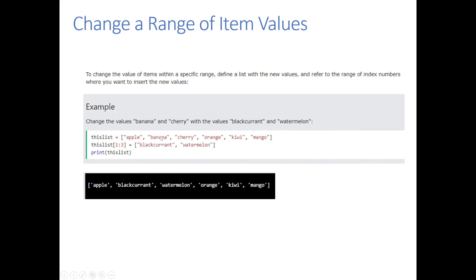Banana and cherry are on positions 0, 1, 2, but 3 is not included when you specify a range. So we have this list[1:3] equal to blackcurrant and watermelon. What this will do is replace banana with blackcurrant and cherry with watermelon. So the output, if we print this list, will be apple, blackcurrant, watermelon, orange, kiwi, and mango.